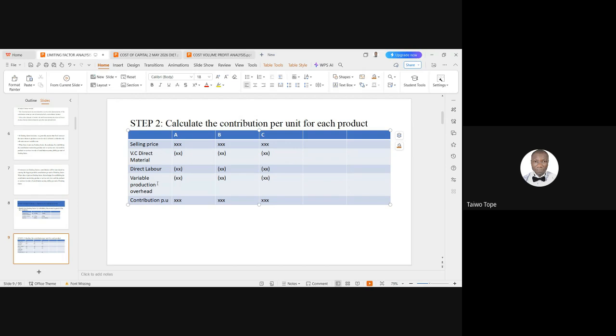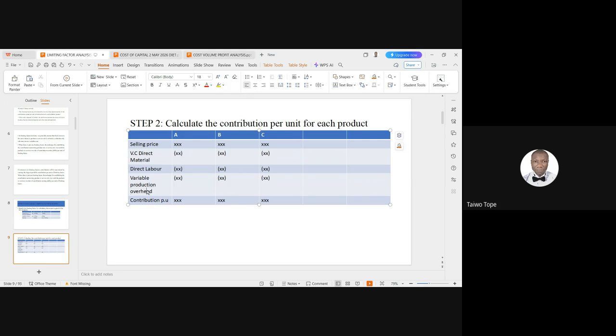Where the question did not define it as variable, where the question is silent, just overhead, and there is no additional information, take note, this overhead can also be fixed.